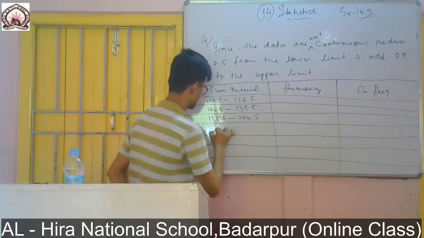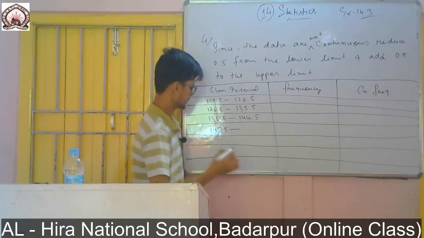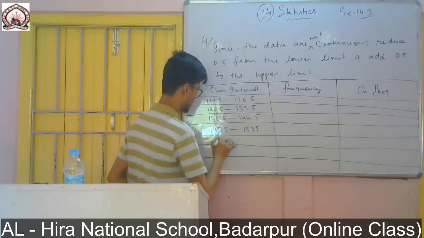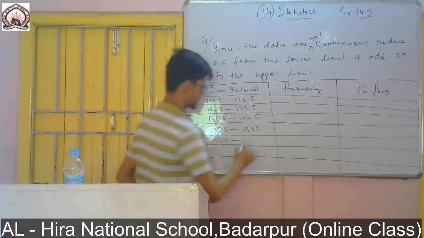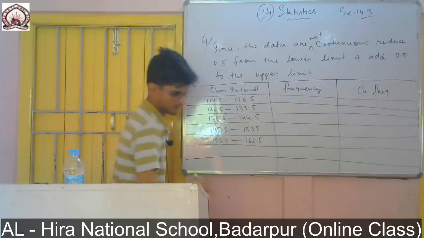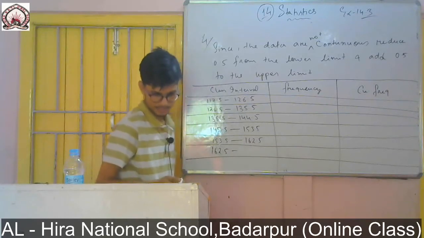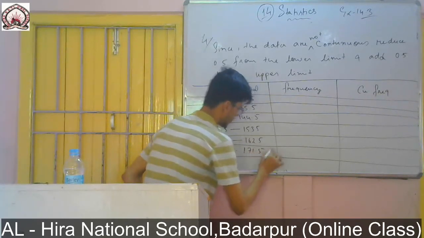Then 144.5 to, 153 given, so it will be 153.5. The next one 153.5 to 162.5. The next one 162.5 to, 171 given, so it will be 171.5.